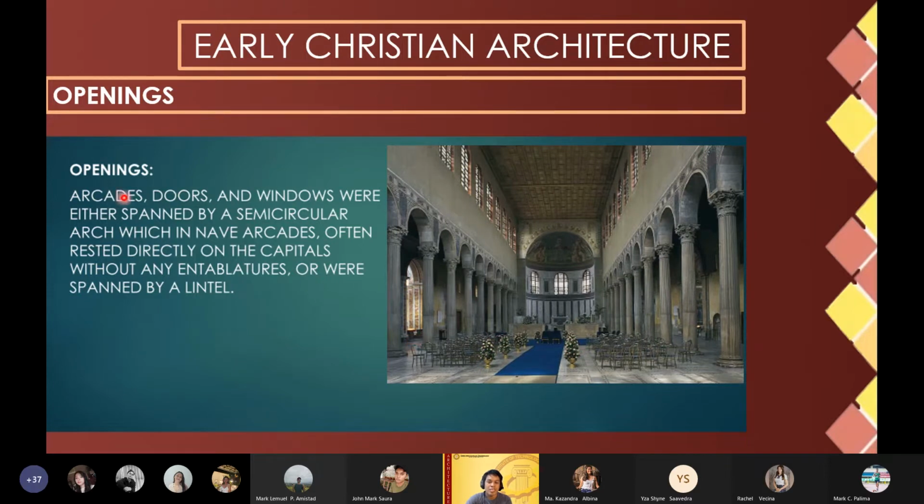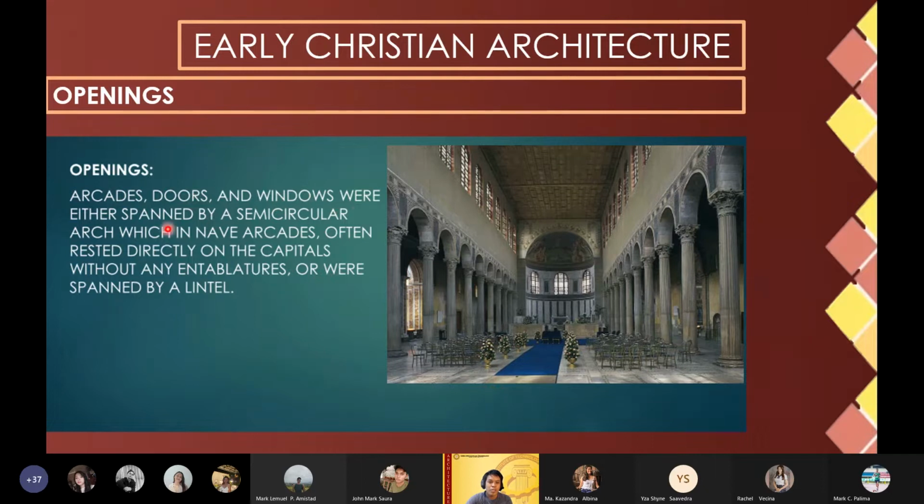Okay, so let me go back. What are the openings for this type of early Christian architecture? So arcades, this one, these arcaded areas. Doors, your main door or side doors.